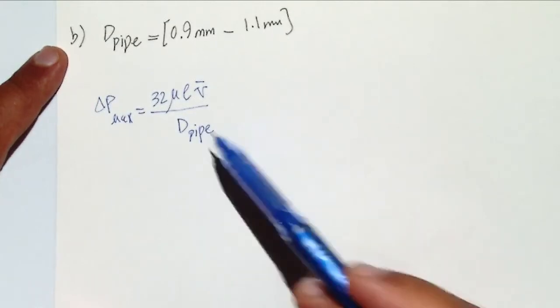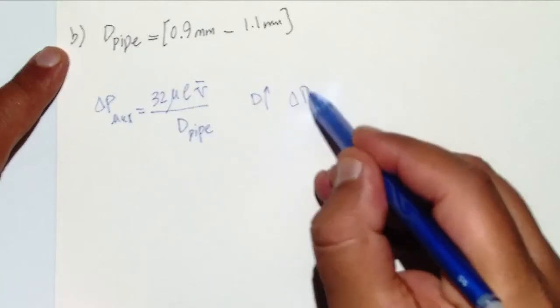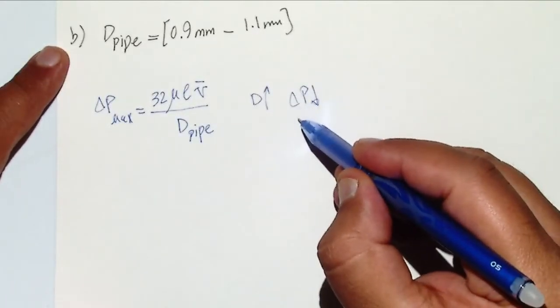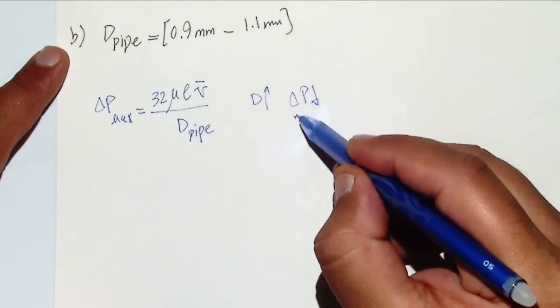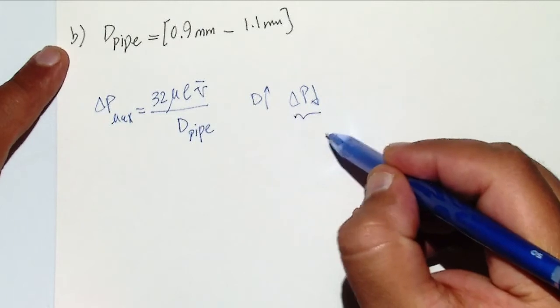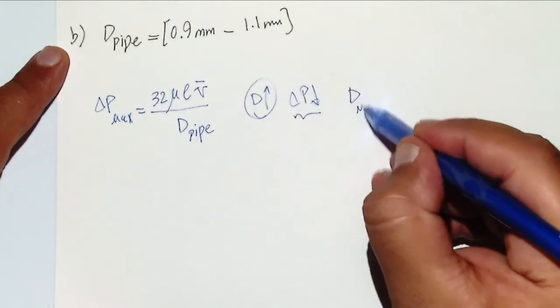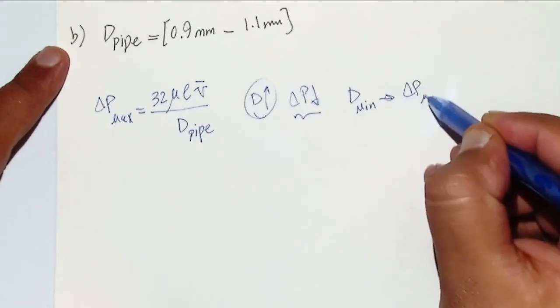You can see that if we increase the diameter, then delta P is coming down, right? If you are going to find out the limit, the maximum allowable pressure drop, then you have to make the diameter minimum, right? So if you have a minimum diameter for the pipe, then the delta P is going to be maximum for you.